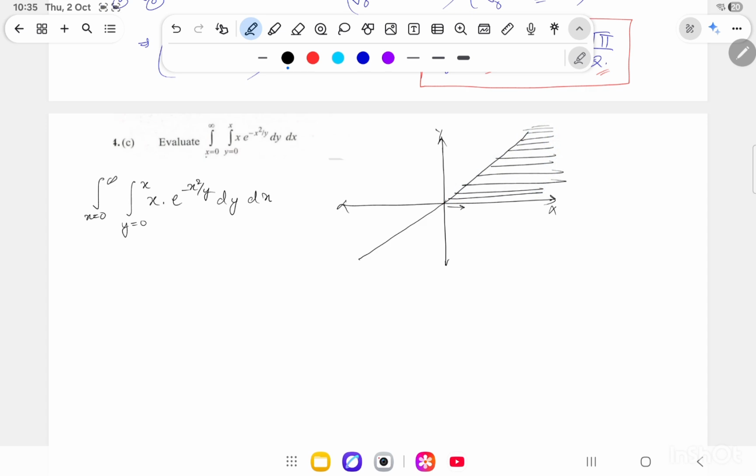Now there are two ways to solve it. Either you can directly solve it, or you can just interchange the limits. So if I interchange the limits, it will be y from 0 to infinity and x varies from y to infinity.